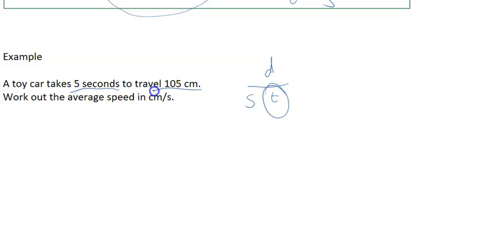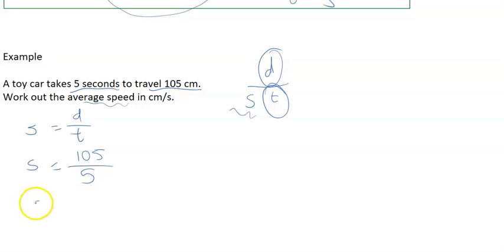Great. The question gives me a distance. So therefore, I know I'm finding speed, and it says it pretty clearly. So speed equals distance divided by time. Substitute it in. The distance is 105. The time is 5 seconds. The speed, therefore, is 21 centimeters per second.